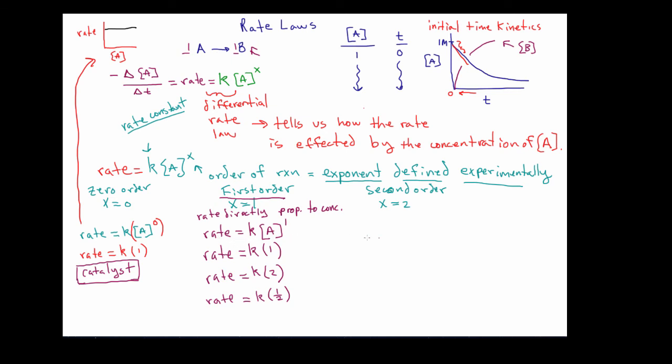Now let's take a look at a second order reaction, and if I write the expression for that, the rate's going to be equal to, again, the rate constant times A, but now that exponent is a 2. So you can see what's going to happen here is that whatever we do to the concentration of A, the rate is going to be affected by the square of whatever we do to that concentration.